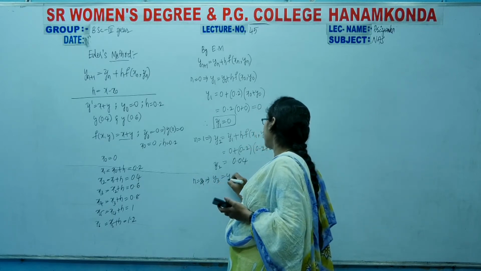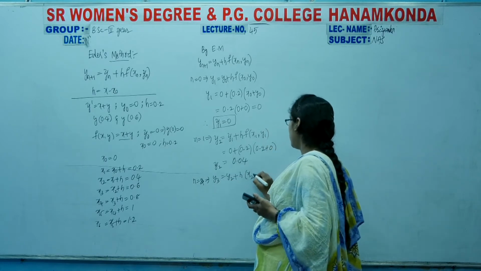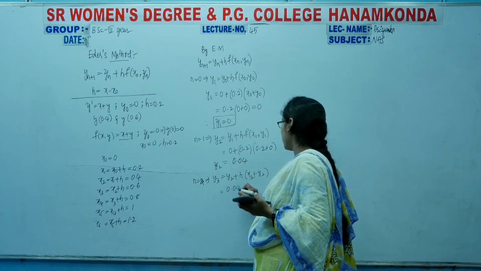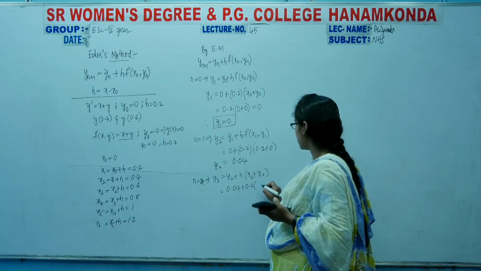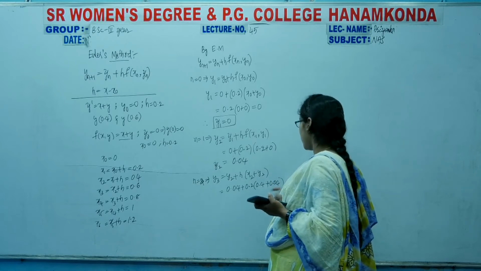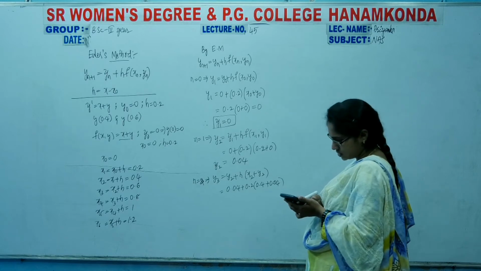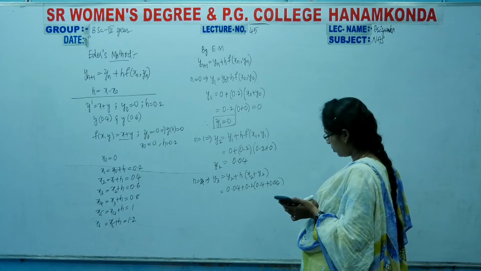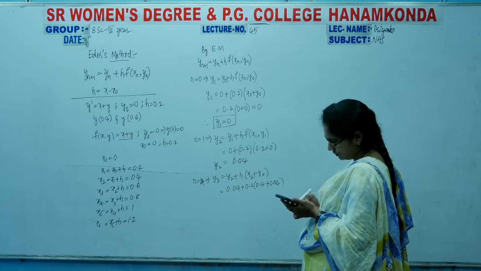Next, for n equal to 2, y3 equal to y2 plus h into (x2 plus y2). The y2 value is 0.04, plus 0.2 into x2, which is 0.4, plus y2, which is 0.04. Now take the addition of these two: 0.4 plus 0.04 into 0.2, plus 0.04.